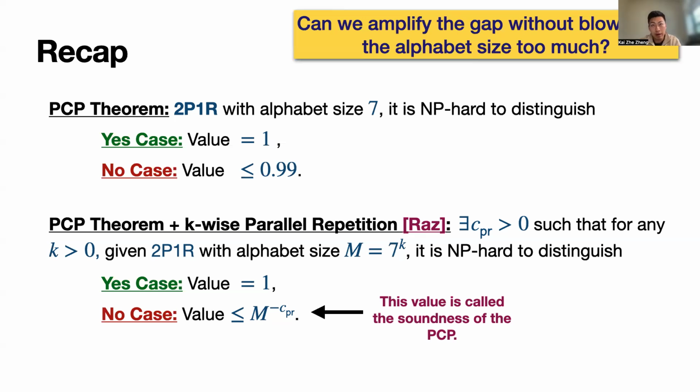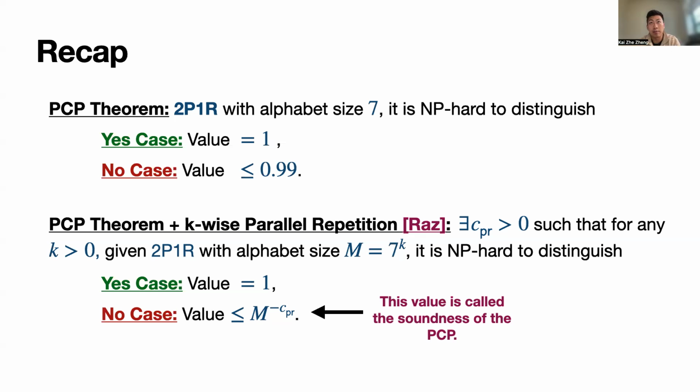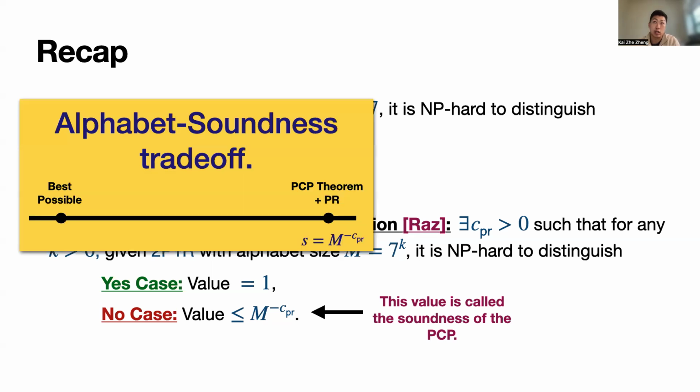So if we parameterize soundness in terms of the alphabet size m, then what we have with parallel repetition is m to some small negative constant. But the best possible, if you think about it for a bit, 1 over m is a pretty natural lower bound. This is just because the provers can always win the game with probability 1 over m if they just guess randomly.